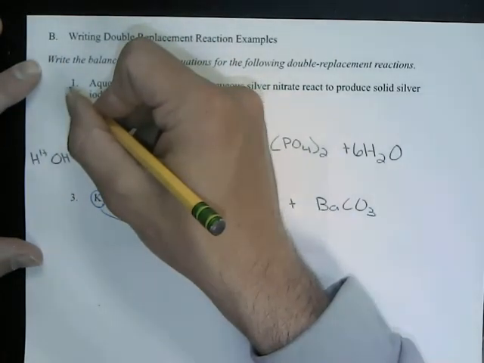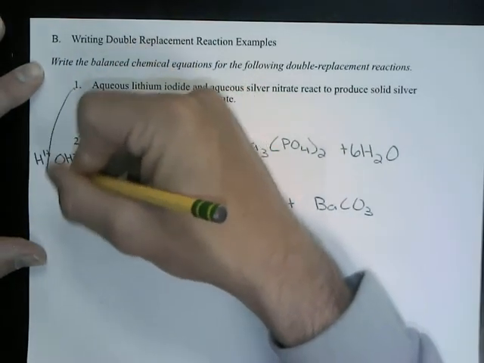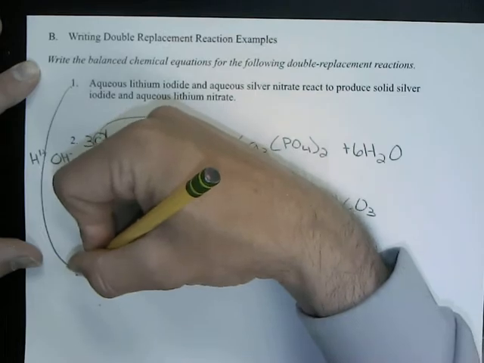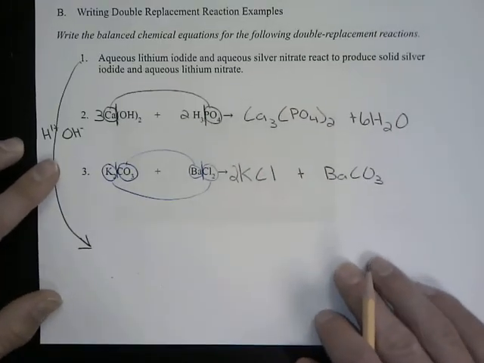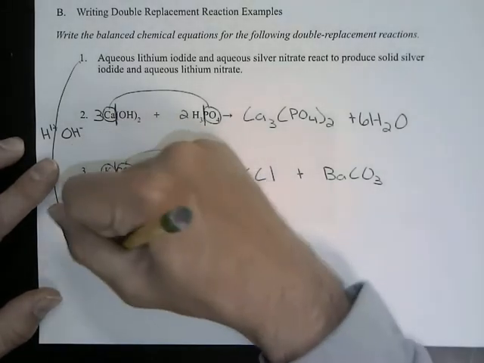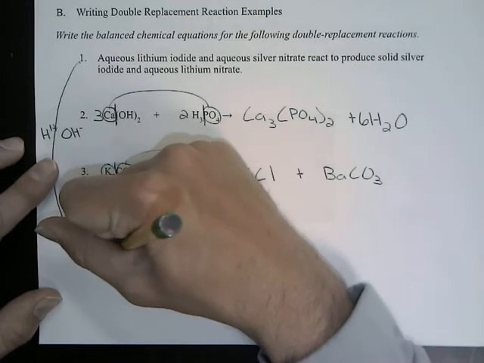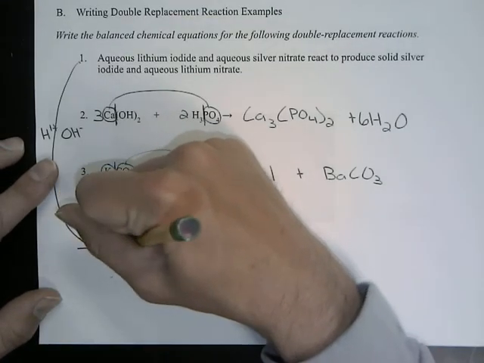All right, so let's do this. Since I'm running out of room, let's move problem number 1 down here. Okay, it says aqueous lithium iodide, which, again, think back to your naming protocol. Lithium iodide would be LiI.